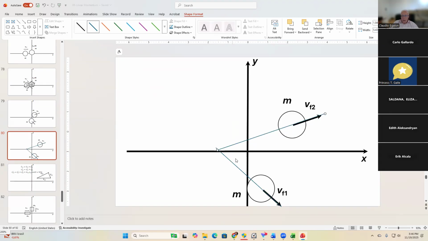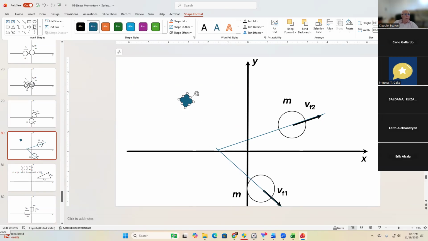Even though it doesn't appear to be, this is supposed to be at 90 degrees. That's what this angle is all about. Let's see if I can get it.